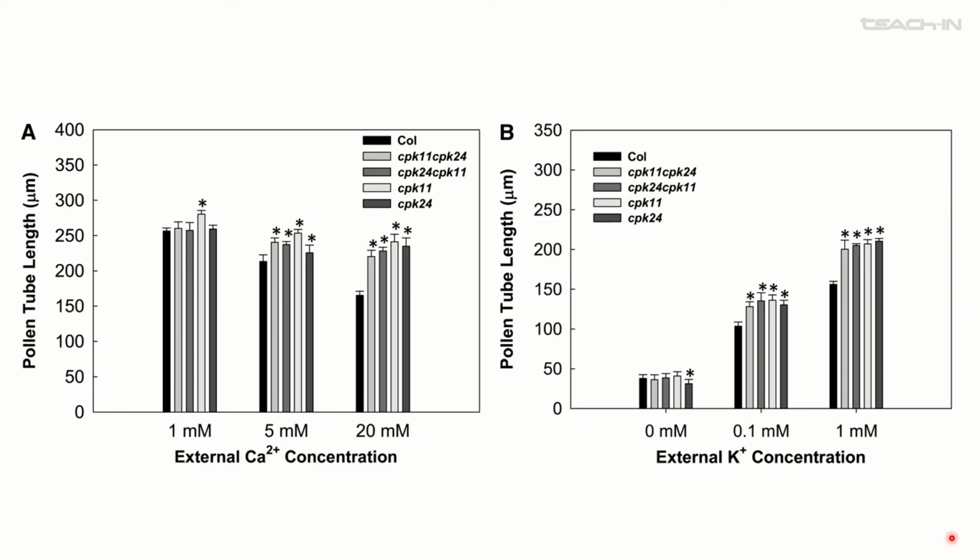Так, на этом графике они также посмотрели, как концентрация калия снаружи влияет на рост пыльцевых трубок. И тут мы видим, что у мутантов очень сильно возрастает рост пыльцевой трубки при увеличении концентрации калия, у дикого типа слабее.